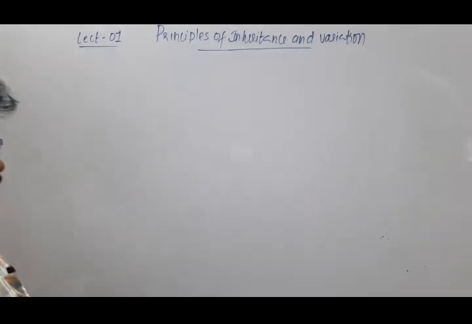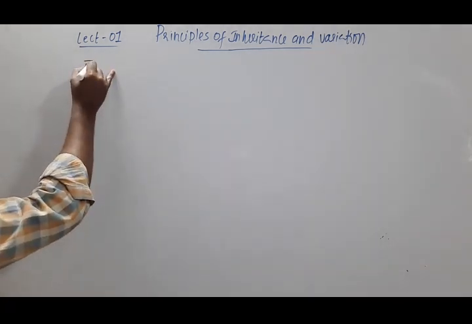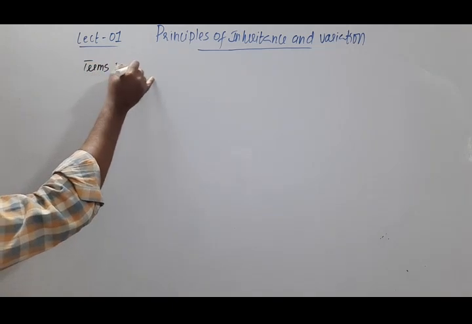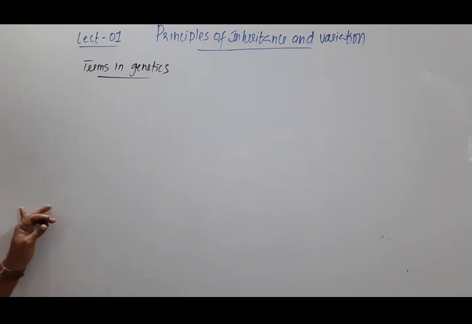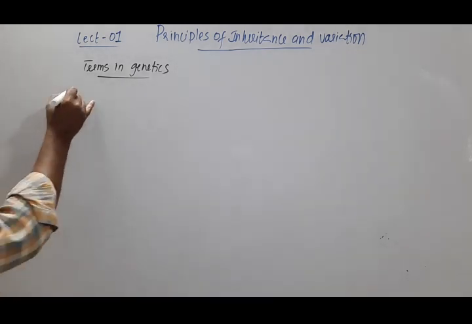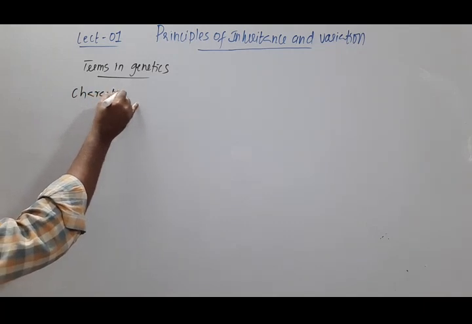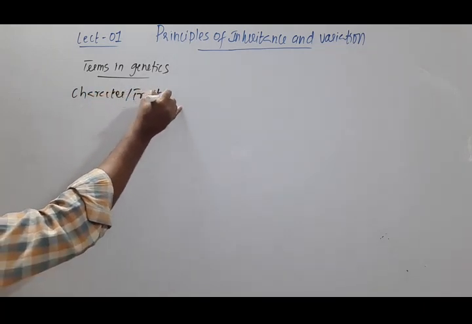So before I start discussing the chapter, I would like to give a few terms that come in genetics. First we will try to understand these terms, then later we will move on to understand the principles of inheritance and variations. Let's see the character or trait.